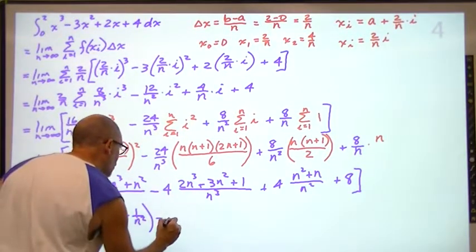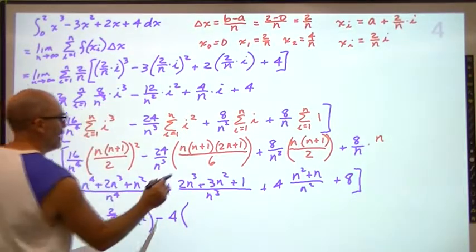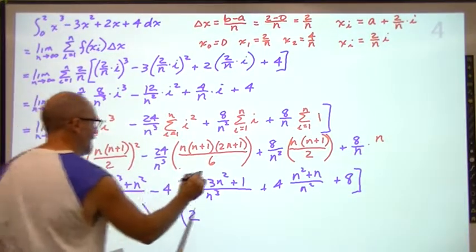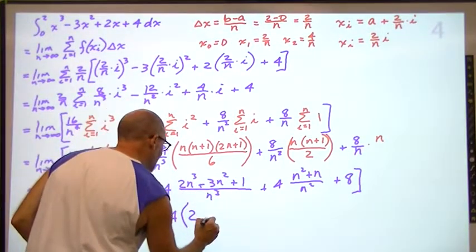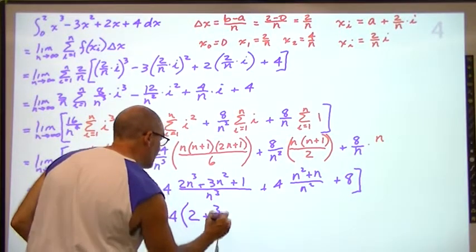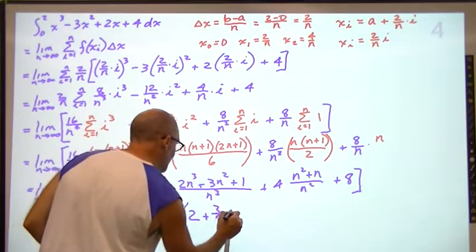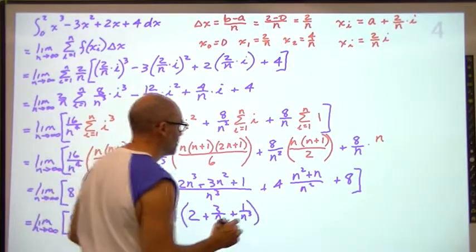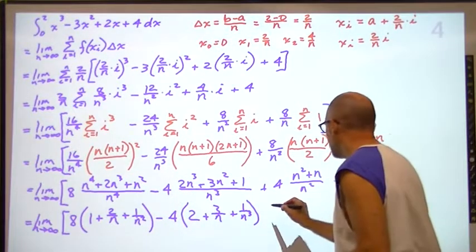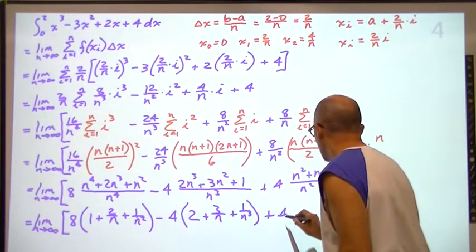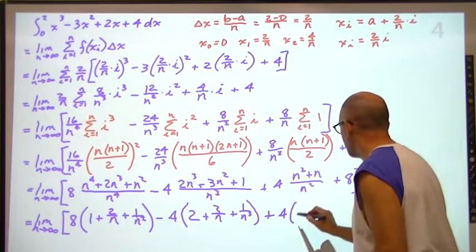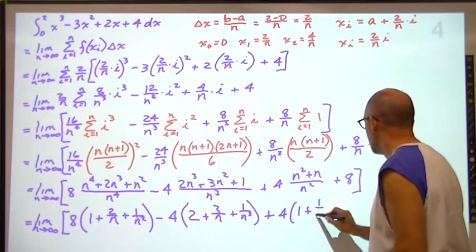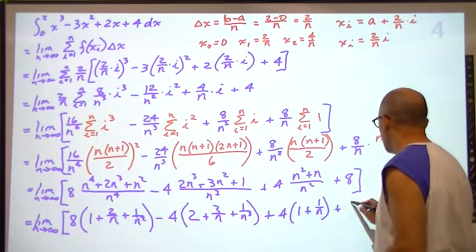Now I've got minus 4 times 2n cubed over n cubed is 2. 3n squared over n cubed is 3 over n. 1 over n cubed is 1 over n cubed. Now, I've got the 4 times n squared over n squared is 1, plus n over n squared, which is 1 over n, plus my 8.